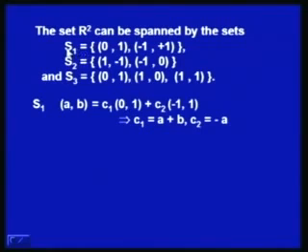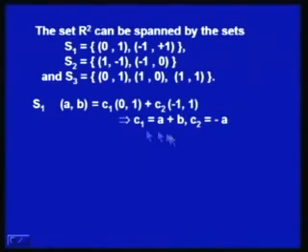If I consider the set S1, then any vector AB in R2 can be expressed as a linear combination of the vectors of this set, 0 1 and minus 1 1. So it is C1 times 0 1 plus C2 times minus 1 and 1.